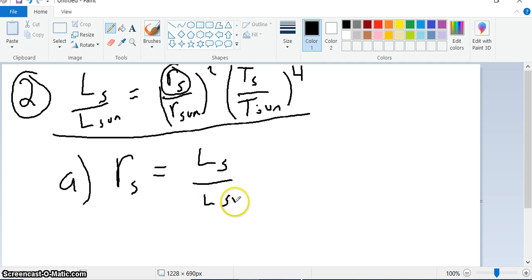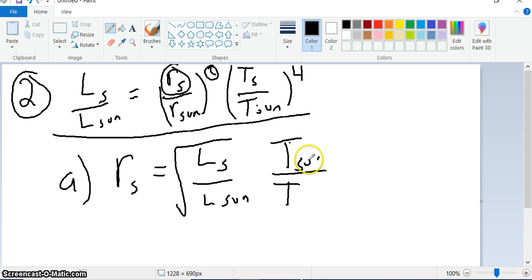And because this is squared, we have to take the square root of that, and then you get the temperature of the sun, because this is in the denominator, divided by the temperature of the star. Sorry, this should be the temperature of the sun divided by the temperature of the star.